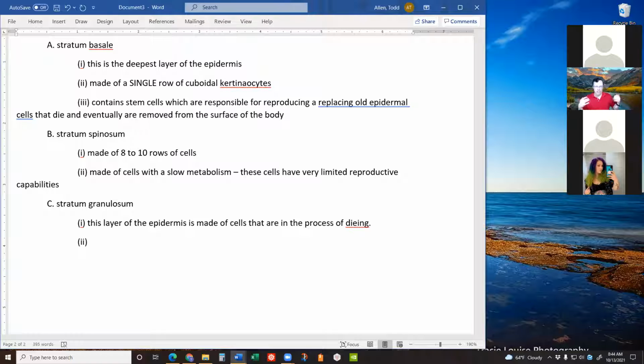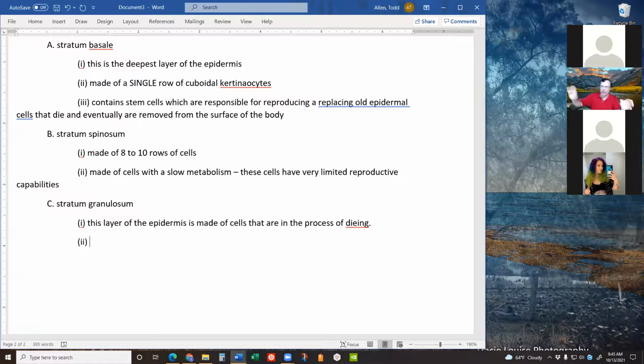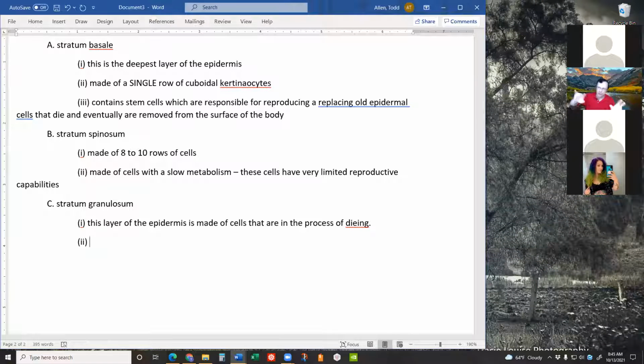The stratum granulosum represents a transition zone, if you will, between deeper layers of cells that are still alive and even more superficial layers of cells that are completely dead. It's kind of a twilight zone of cells that are living but almost dead, okay?